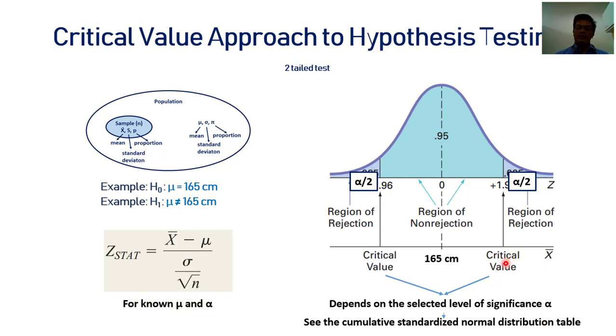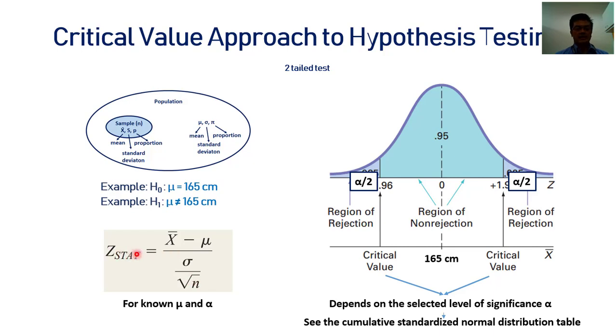And after we define the critical value which separates the region of non-rejection and the region of rejection, we can then calculate where the sample statistics lie in this region by calculating the z statistic of the sample with the following formula.